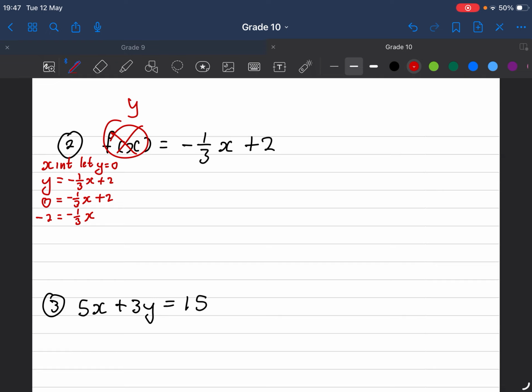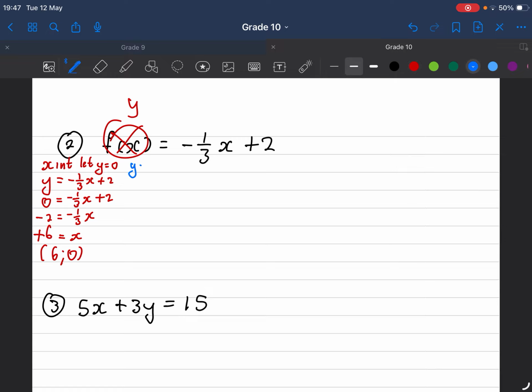If you divide both sides by negative 1 over 3, or however you solve this, you're going to get that x is equal to positive 6. So your coordinate is 6 and 0.